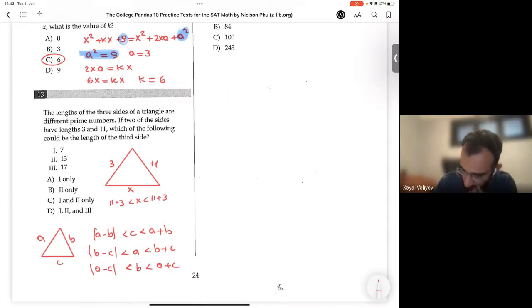So basically, x is greater than 8, but less than 14. Greater than 8, less than 14 is the only option we have. Only one option fits. The answer for this 13 is going to be B.